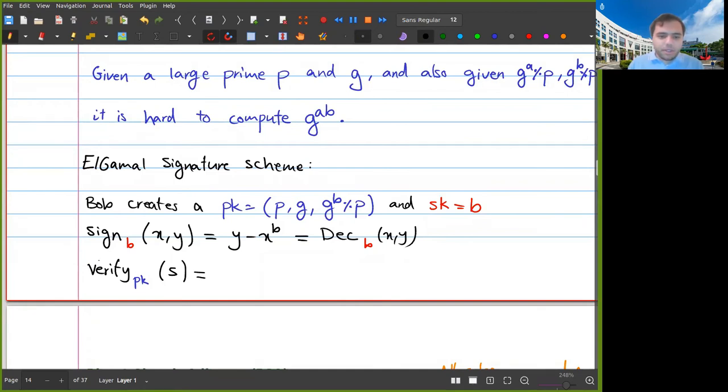So I've talked about this before, and some of you asked me about it in homework 1. So when we have a signature scheme, we can define our verify function in 2 completely different ways. One way of defining it is that the verify function gets the signature and just tells us if the signature is valid or not. So it gets the signature and also the message and just gives us 1 bit of information.